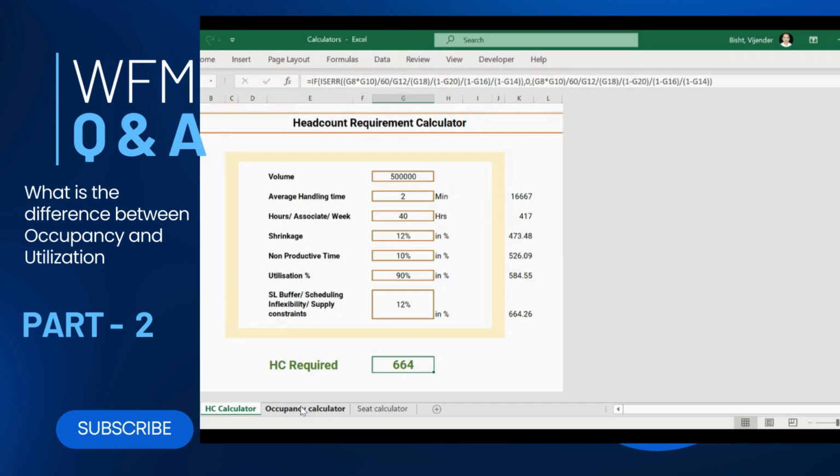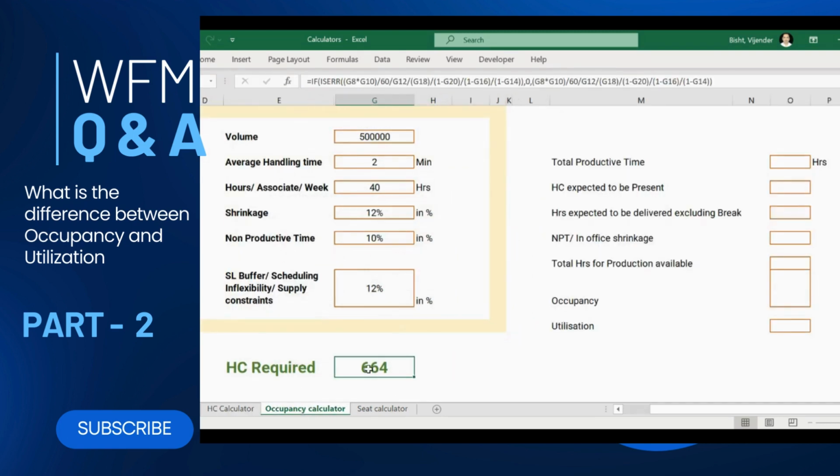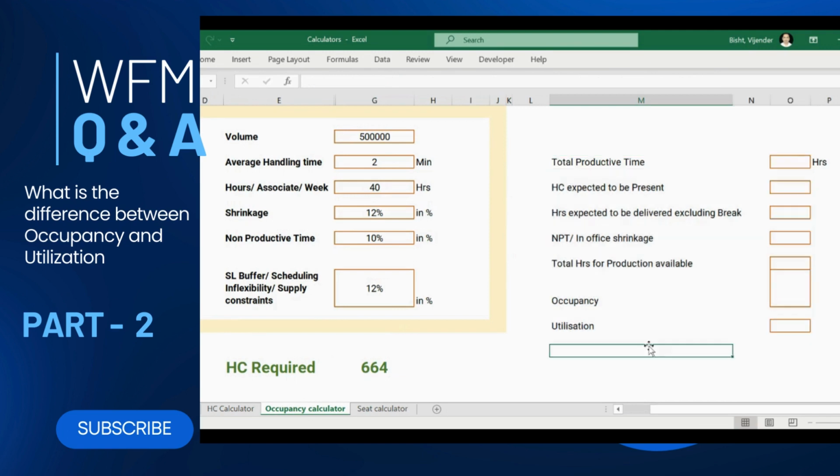So we are carrying forward the same calculation from here, and we have put in some more headers just for you to see how to calculate occupancy and utilization. Now in this scenario, what will be my total productive time? That will be 5 lakh calls for the week into 2 minutes of AHT. That gives me the information in minutes.